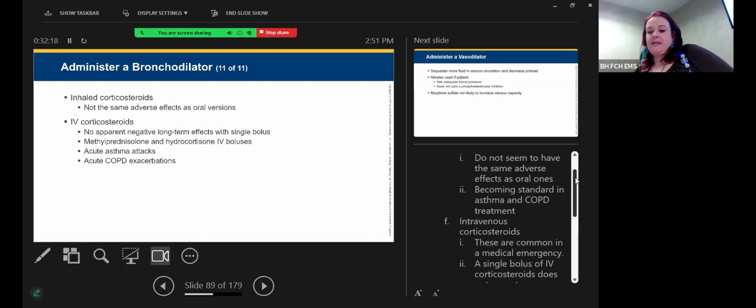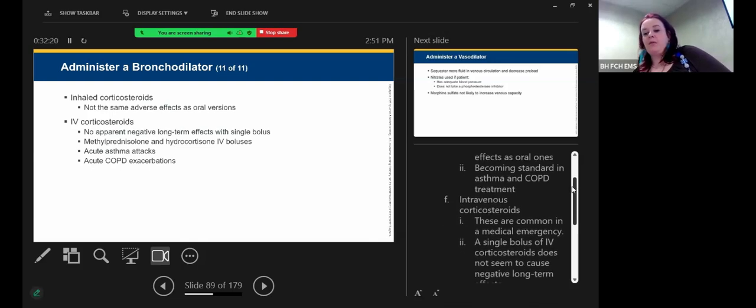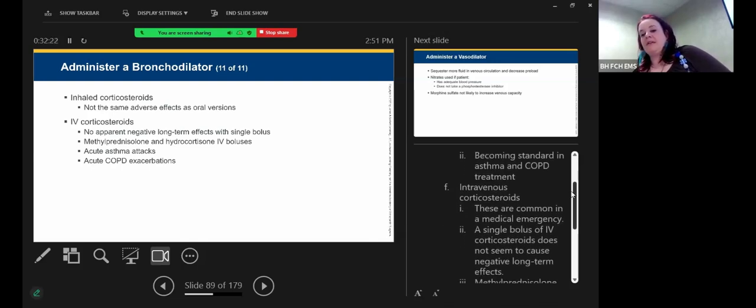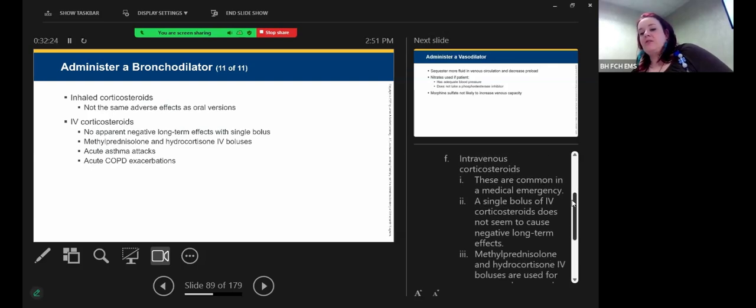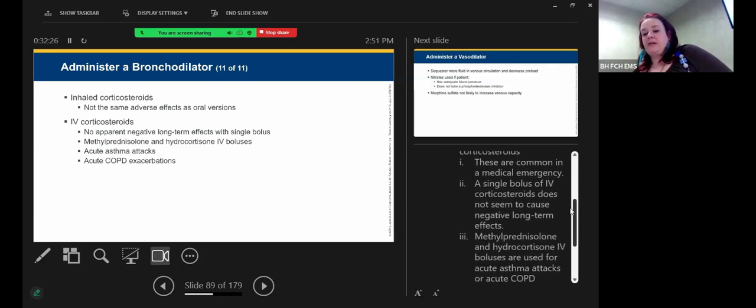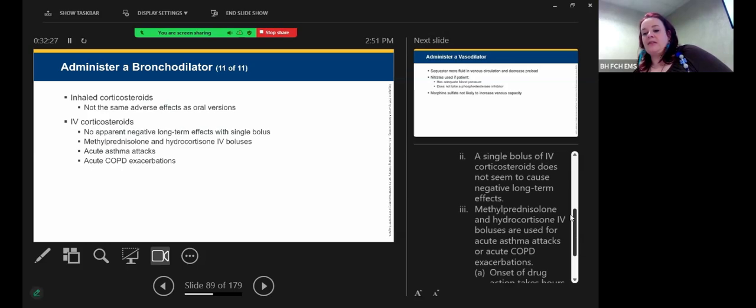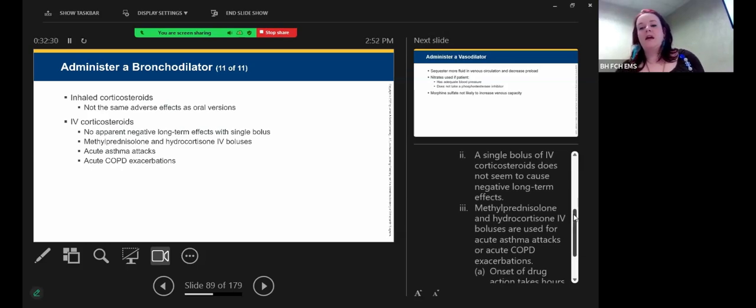Inhaled corticosteroids do not seem to have the same adverse effects as oral ones, becoming the standard in asthma and COPD treatment. Intravenous corticosteroids are common in medical emergency. A single bolus IV of corticosteroids does not seem to cause negative long-term effects.